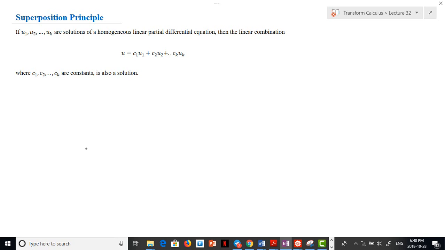So for example, for this equation, the second derivative of u with respect to x plus the second derivative of u with respect to y equal to 0, we already solved it.